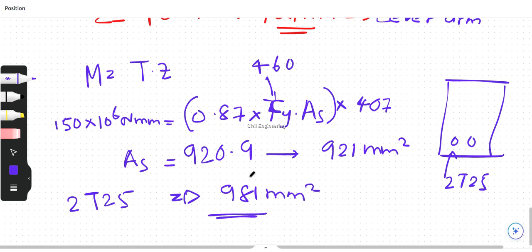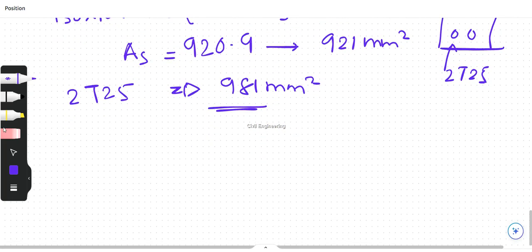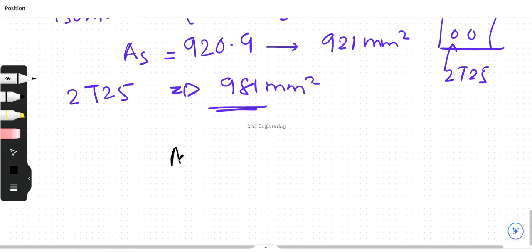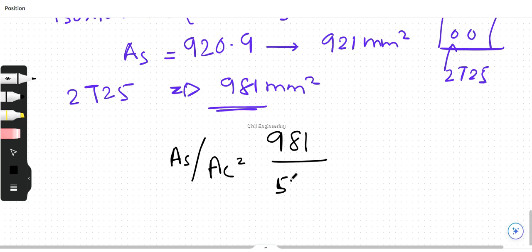Okay, now we can check the percentage of reinforcement, that is As over Ac, that is 981 over 525 into 240.